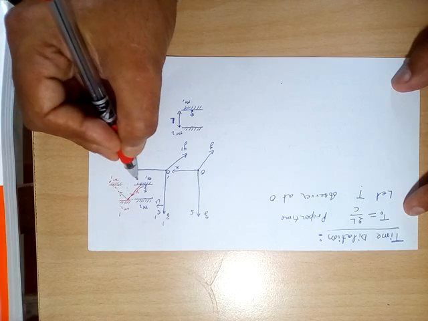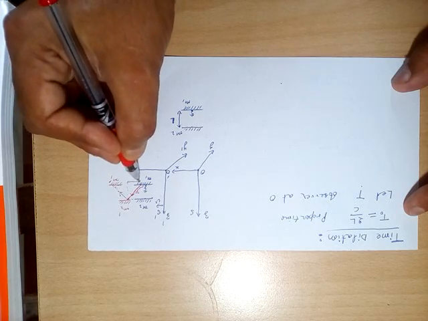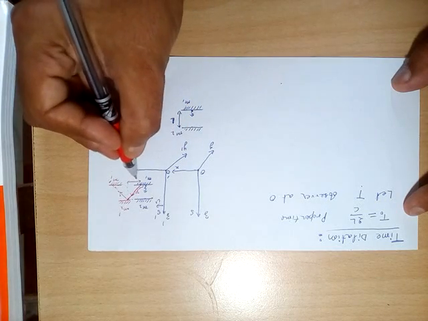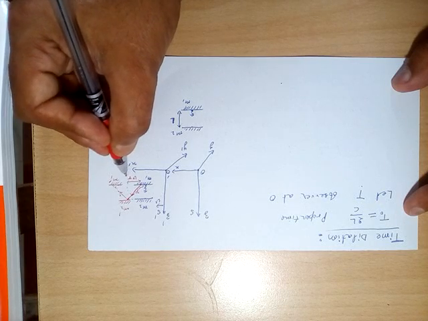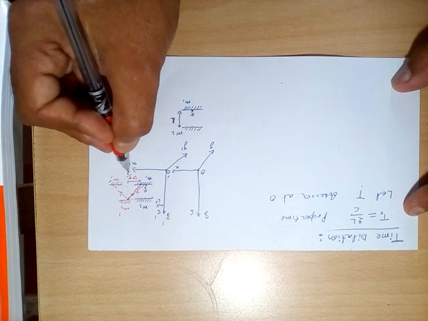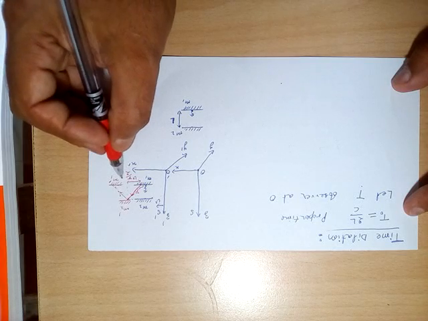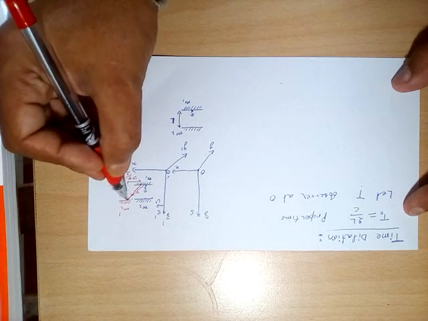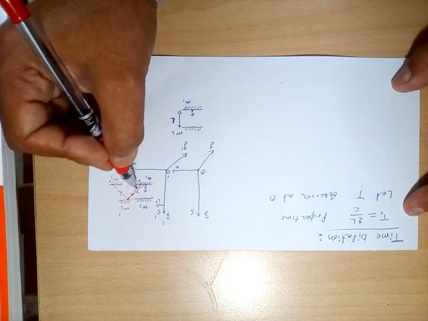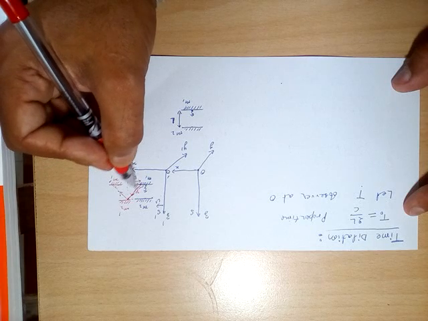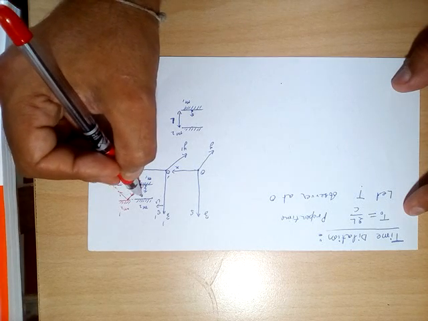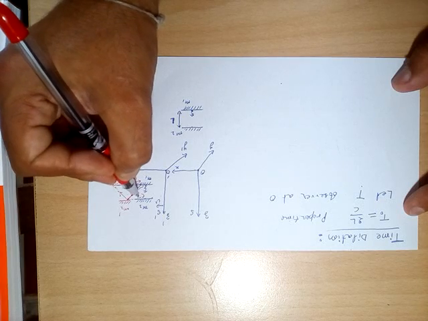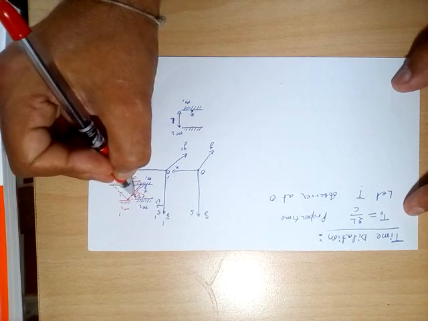So this distance, because it is moving with velocity v, is equal to v T by 2, and this distance, because this is the light signal, is equal to c T by 2.